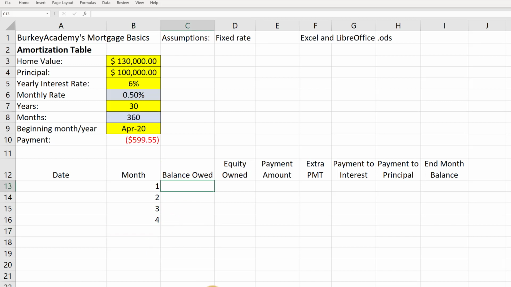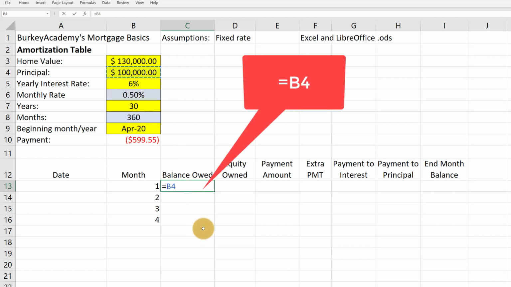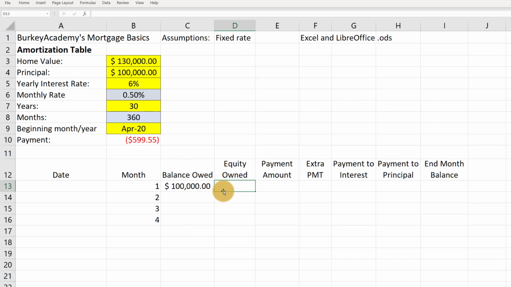And balance owed, well, that's going to start off here just being the $100,000 at the very beginning. So let me type equals $100,000. Equity owned. Now let's see, what I want to do there is keep track of how much of the house value we actually own at any point in time. And so here at the beginning, it's going to be something like this $130,000, since that's the value of the house.